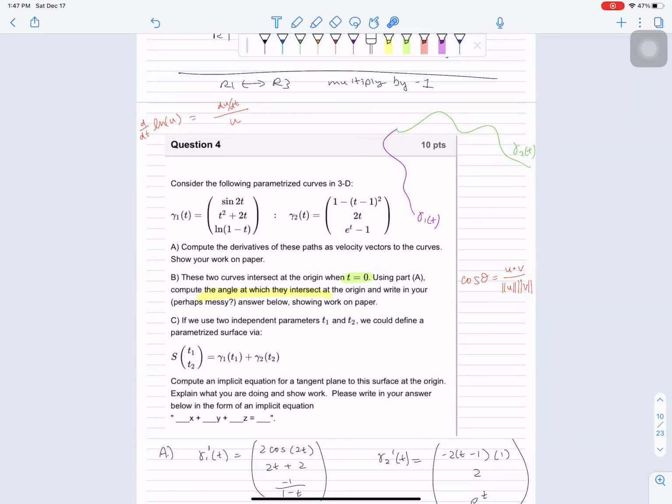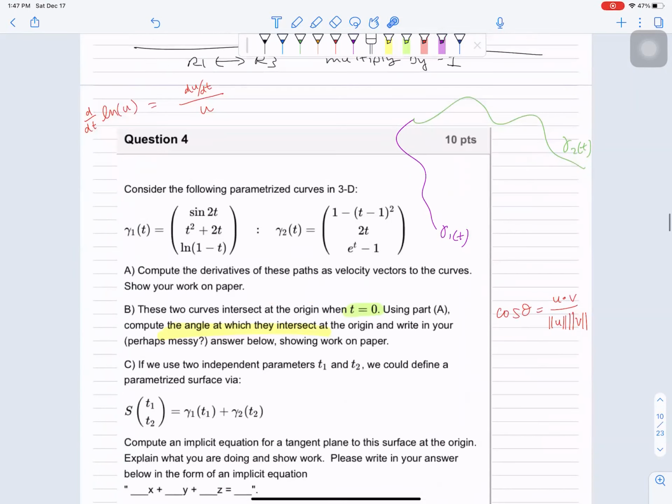So in order to get vectors, what does taking the derivative of this do? It finds like the tangent line. So the orange line would be like the derivative of gamma 1, and this red line would be like the derivative of gamma 2, where they're intersecting at t equals 0, right?